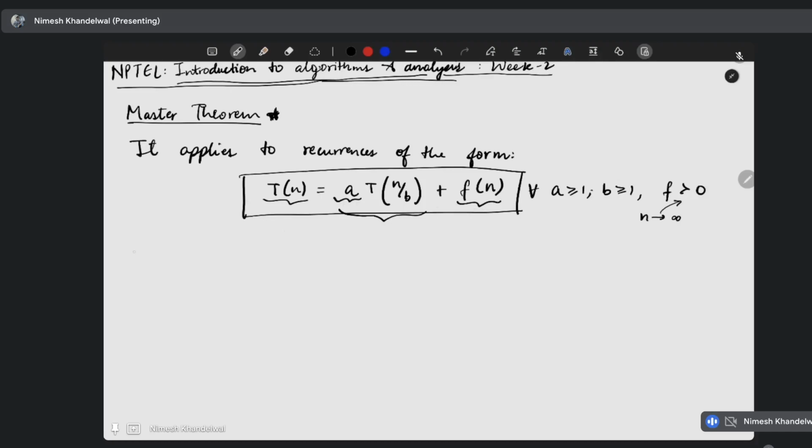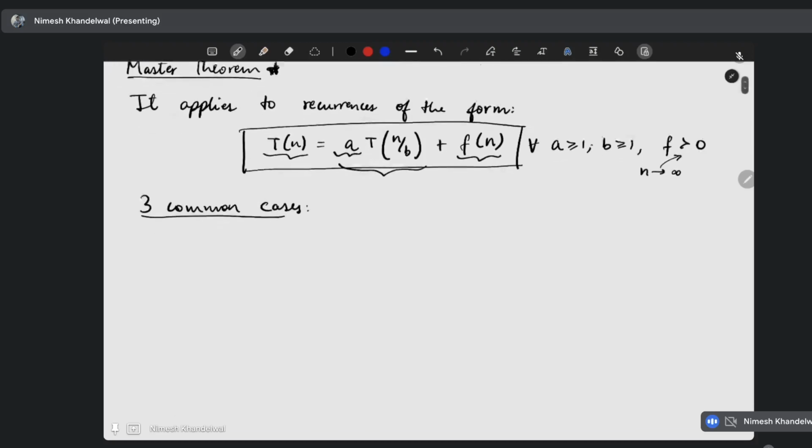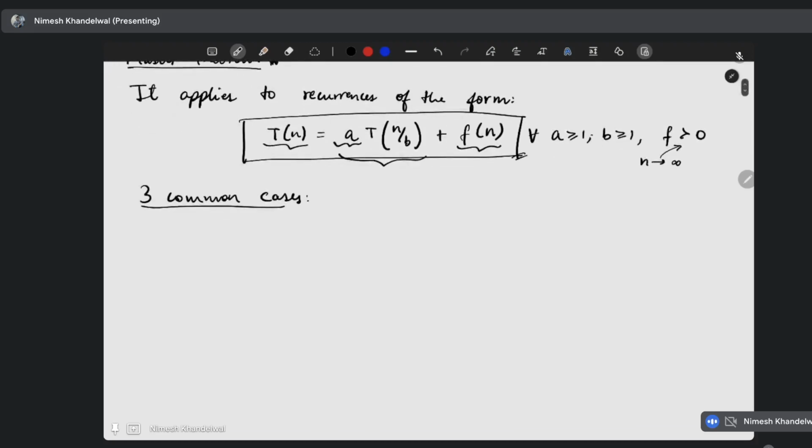We saw that there are three common cases of the master theorem where we can use this to get the runtime complexity.